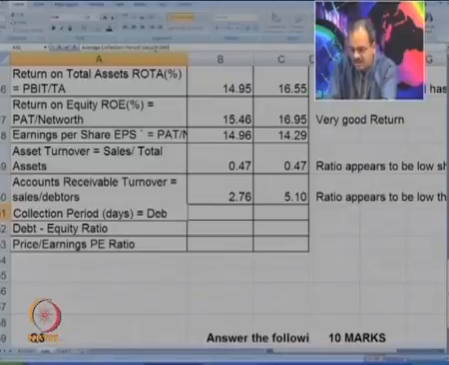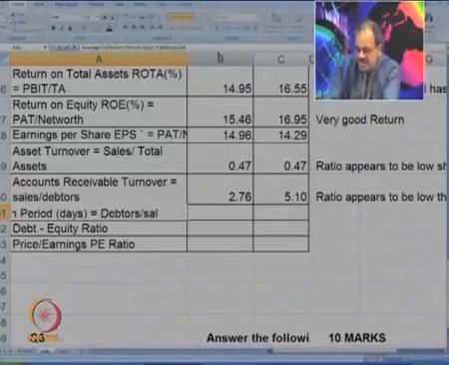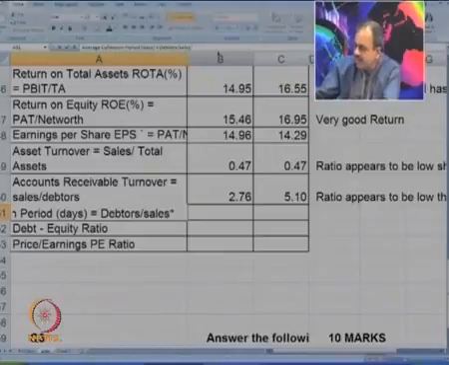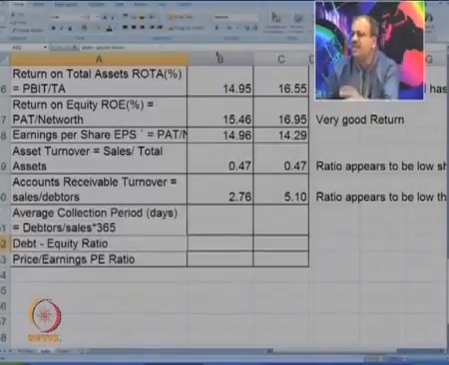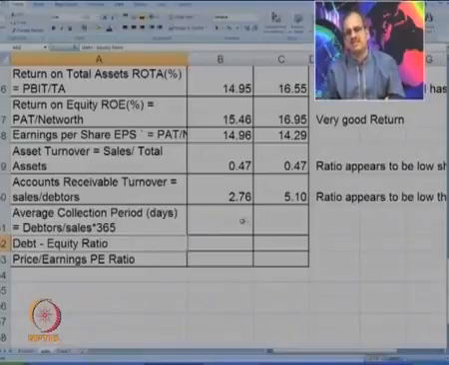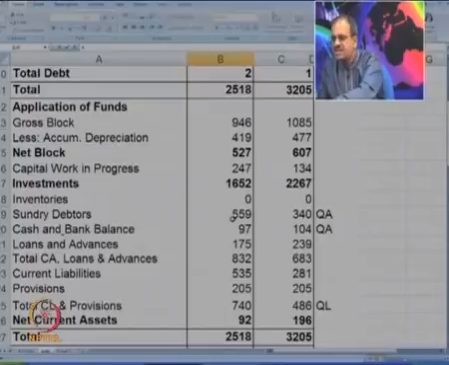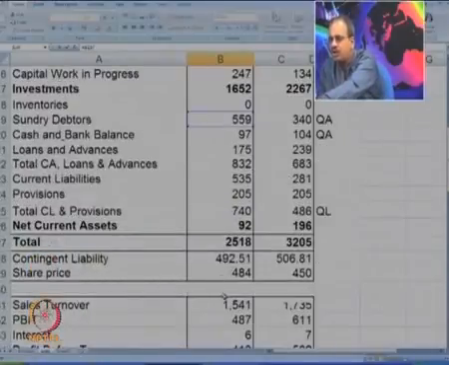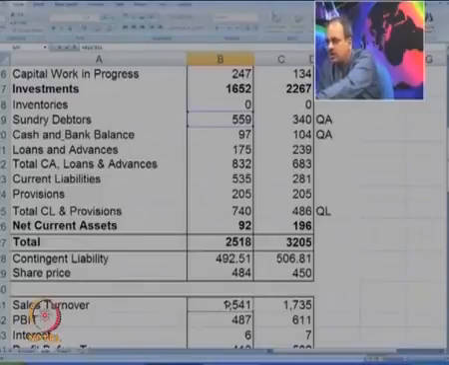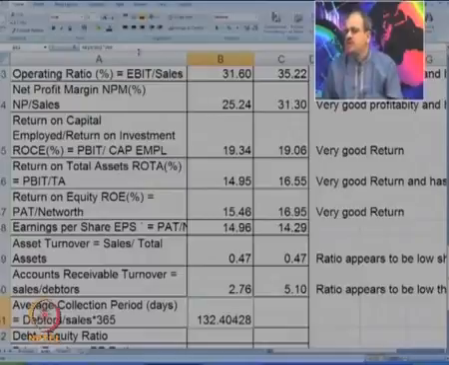We will take debtors in the numerator and divide it by sales and multiply it by 365, so that we get it in terms of number of days. So, it is debtors upon sales turnover into 365. So, you get 132.